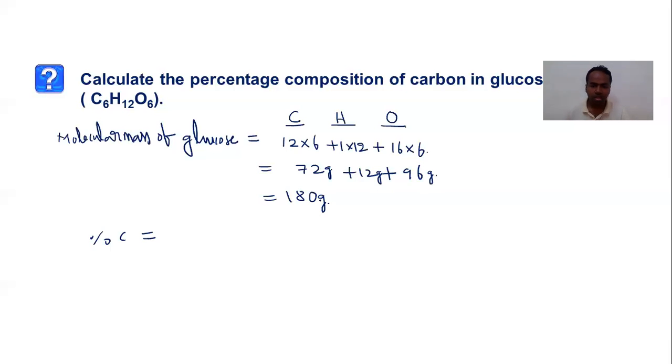So the total molecular mass of this compound is 180 grams. So percentage carbon is 72 divided by 180 into 100. Here the 0 can cancel, and it is nearly 40%.